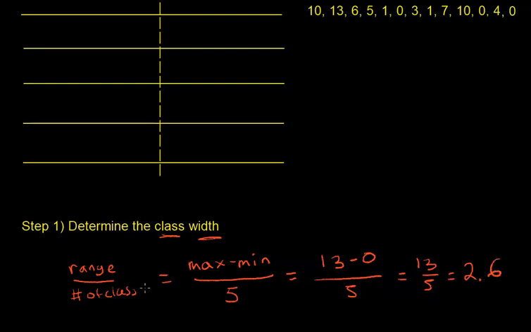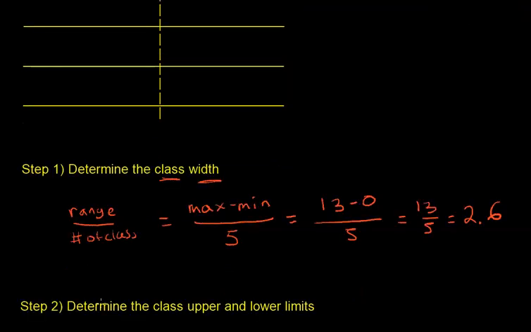All right, so our class width is 2.6. Well, actually 2.6, we should always round up what we find in the range divided by the number of classes. We should just round it up a little bit. And in this case, let's see, we want to round up to the next convenient number. So we'll round it up to 3, right?